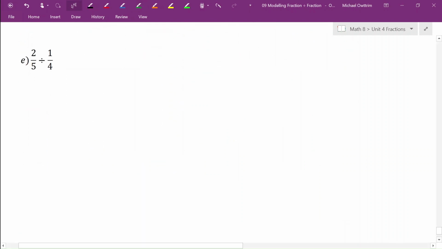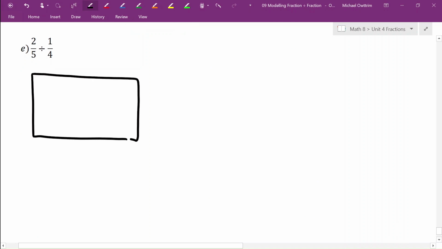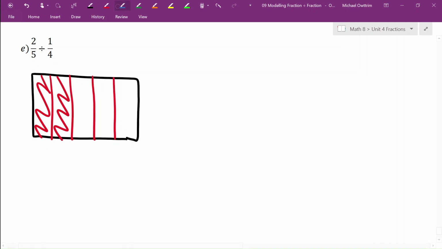Question E, we want to start with one full whole, split into 5 parts, and we have 2 of those parts, and then we've got our 4 rows. We have 1, 2, 3, 4, 5, 6, 7, 8 pieces.